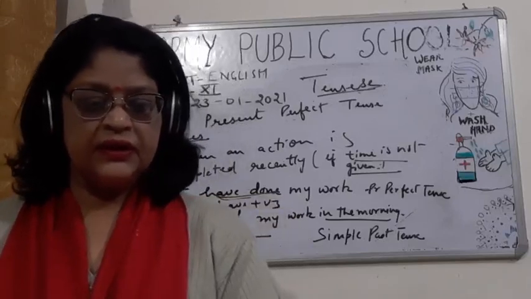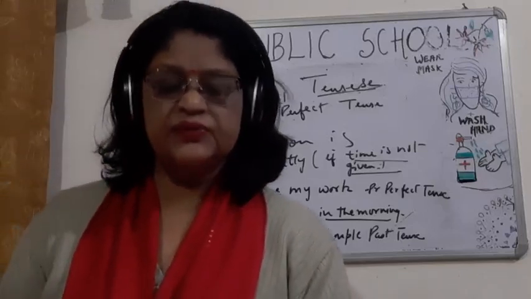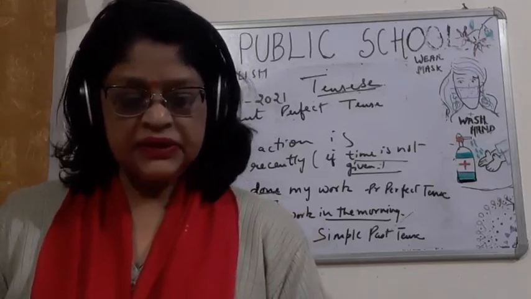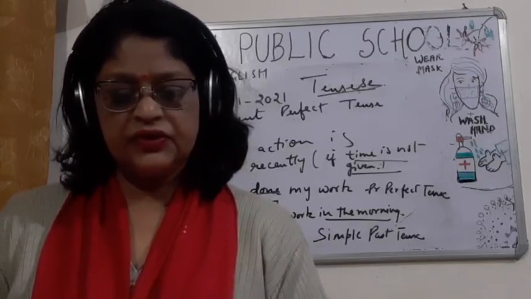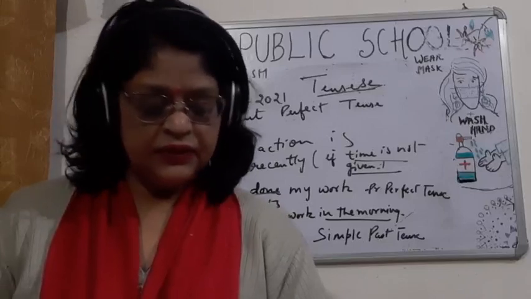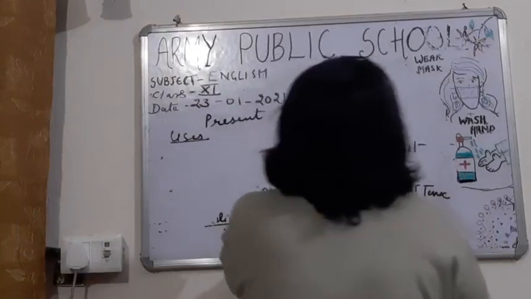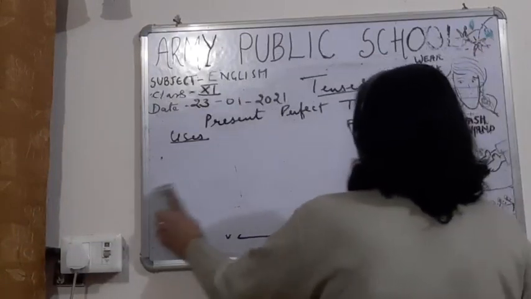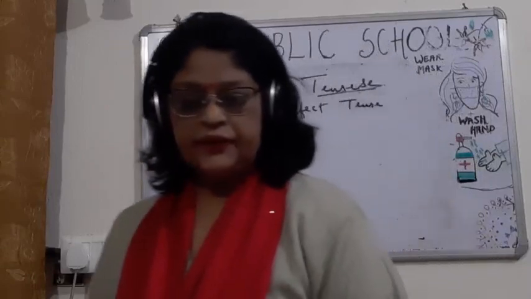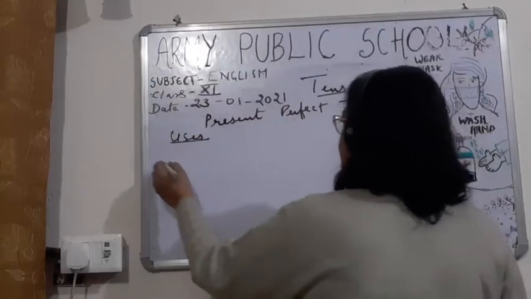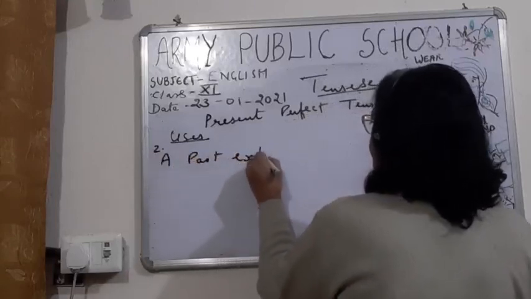Now children, another use of present perfect tense is a past experience. A past experience which has been done once or twice or before or ever. So the second use of simple present perfect tense is a past experience.